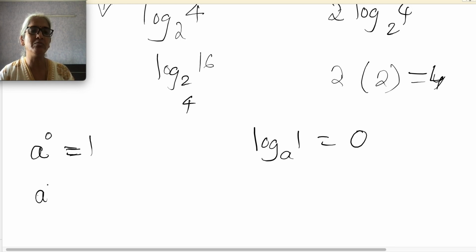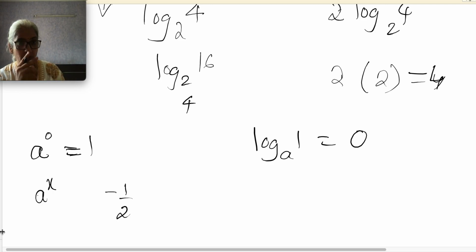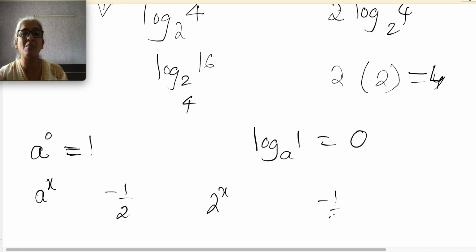There's one more thing then. A raised to x, can this ever be a negative number? So think properly and tell me. For example, let me take a as 2, right? 2 raised to x has to be minus half, not plus half. Can it ever be?